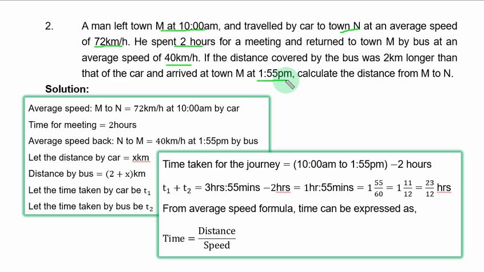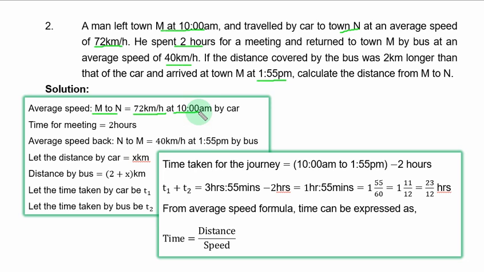Solution. This question is not direct at all, so you have to listen attentively. Now we have two journeys, the going and the coming back, and the meeting that the man attended for about 2 hours. So the average speed from town M to N is 72 kilometers per hour at 10 a.m. by car.